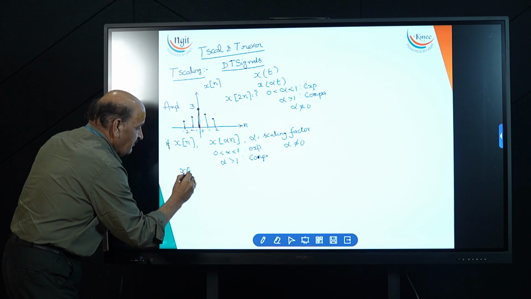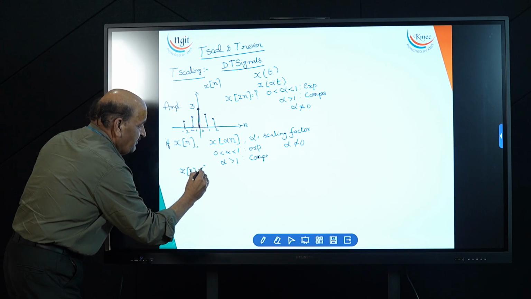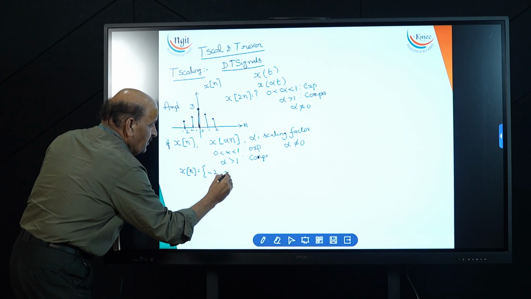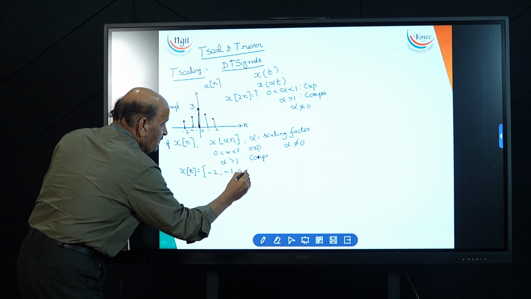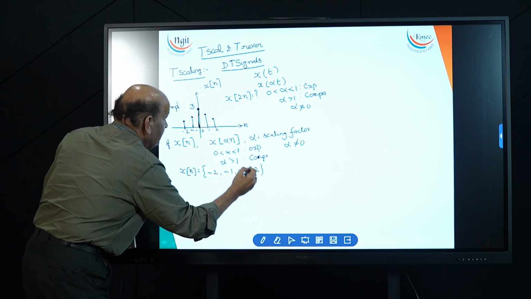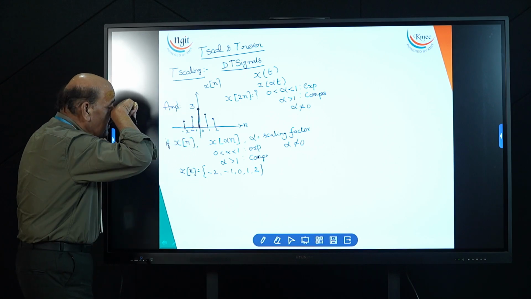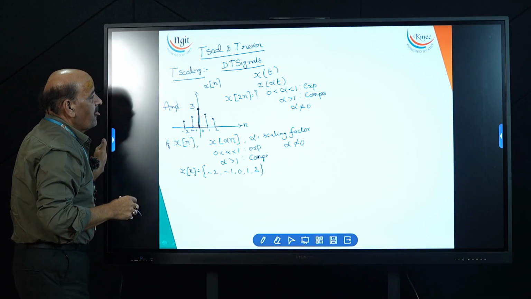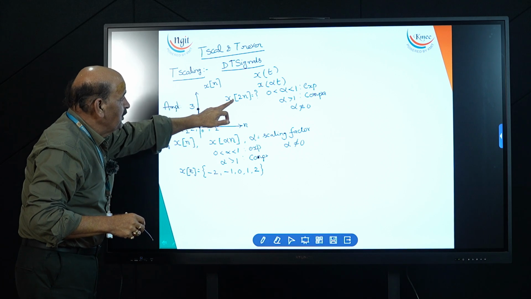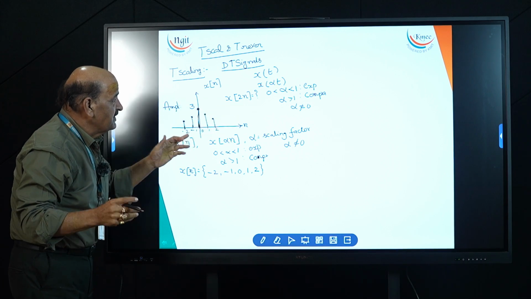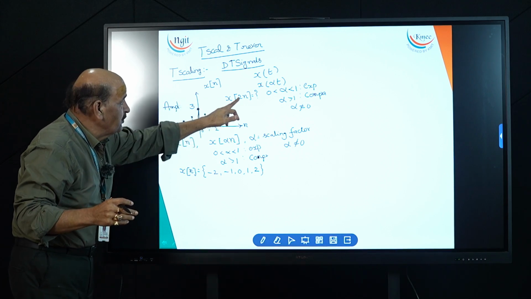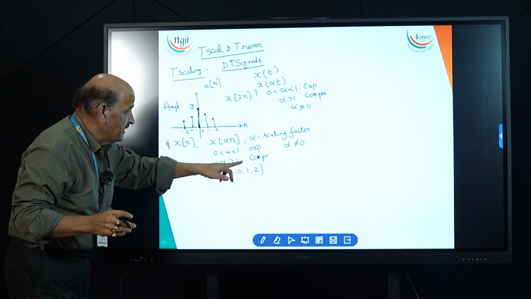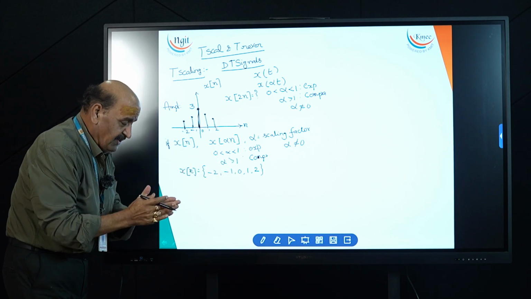The actual signal width is equal to -2, -1, 0, 1, 2 with amplitude 3. Here 2n means alpha is 2, which is greater than 1, so the signal will be compressed.